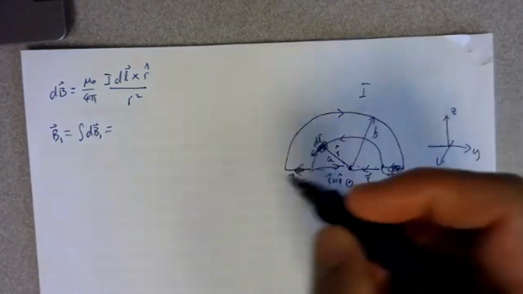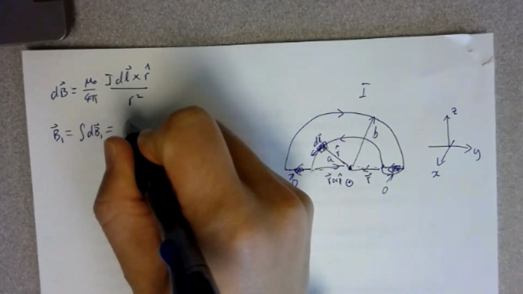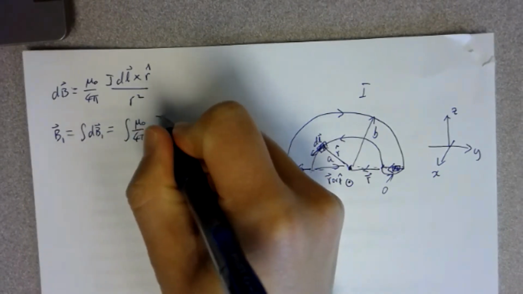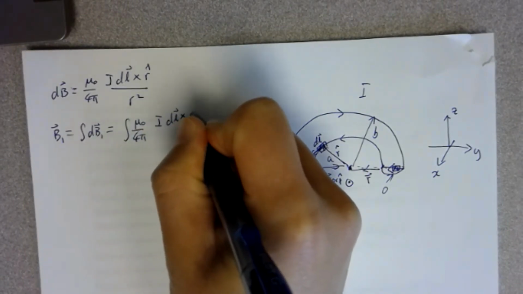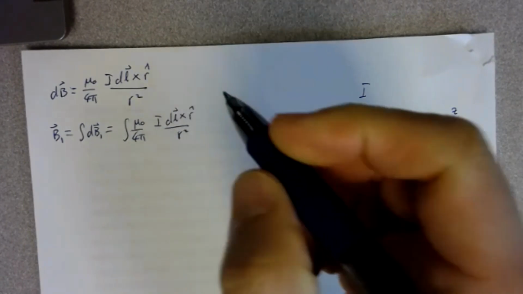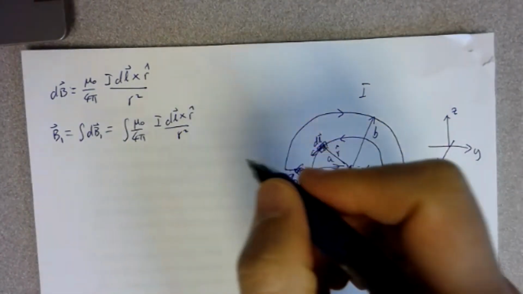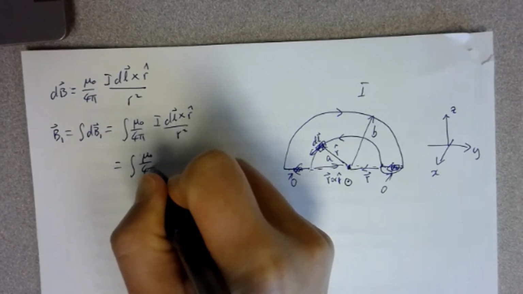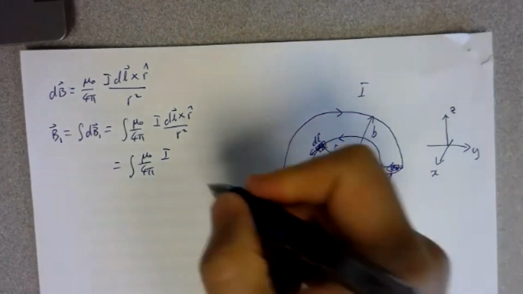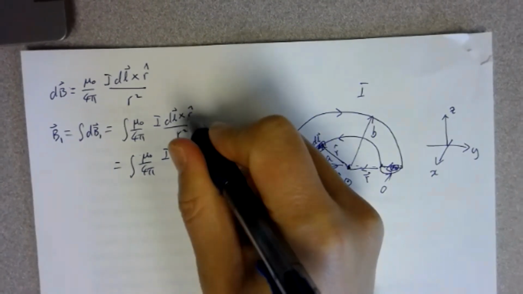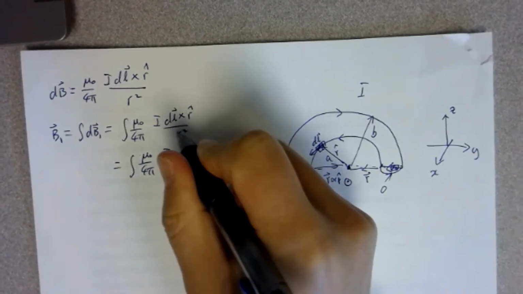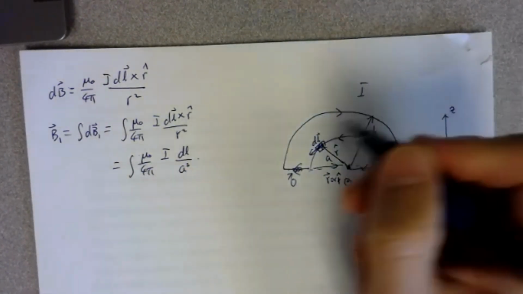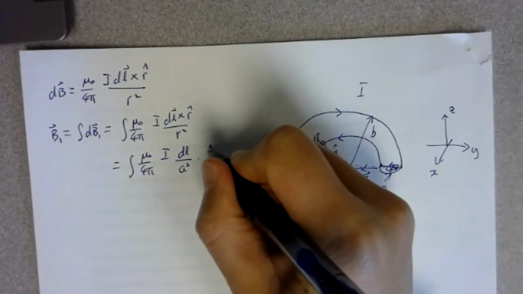So this is the integration of mu naught over 4 pi I dl cross R over R squared. This becomes the integration of mu naught over 4 pi, I is the current, and then dl times R, which will be 1, over r, which is a squared, in the I direction.